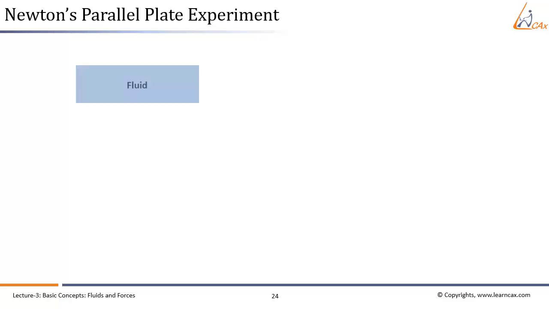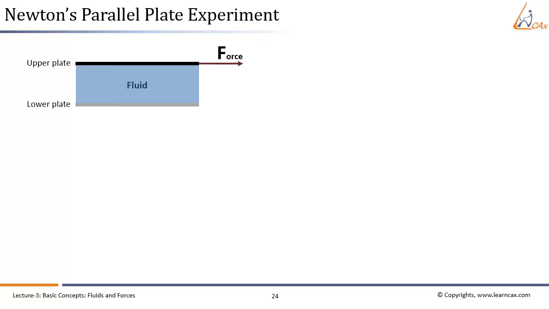Consider a fluid layer between two very large parallel plates separated by some distance L. Holding the lower plate fixed, when a constant parallel force F is applied to the upper plate, it moves at a constant speed v. Due to the no-slip condition, the fluid in contact with the upper plate sticks to the plate surface and moves with it at the same speed.